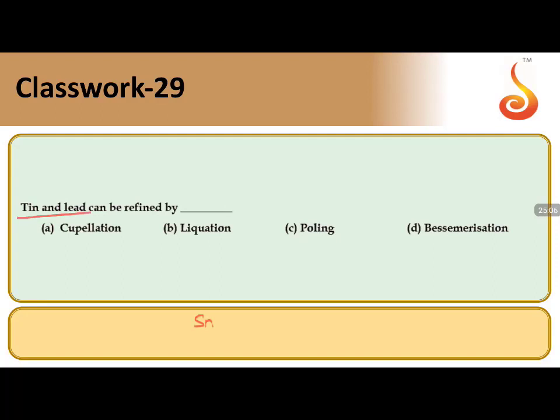What is the specialty of tin and lead? Tin and lead are easily fusible metals. What do you mean by this? That means they can be easily melted into liquids. For liquids, melting point is the criterion for separation, and the process we use for a difference in melting points is liquation.